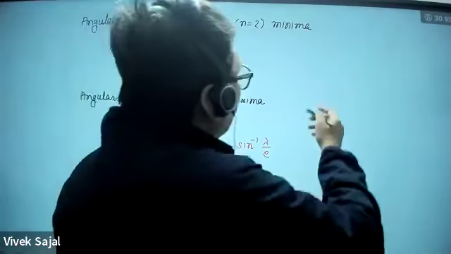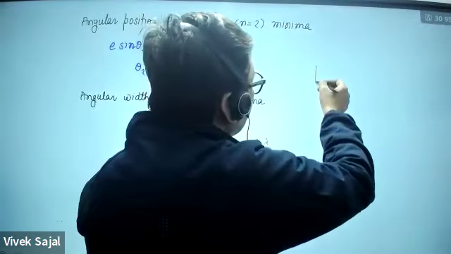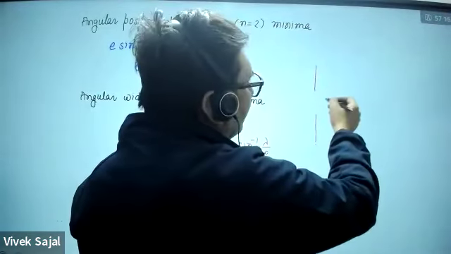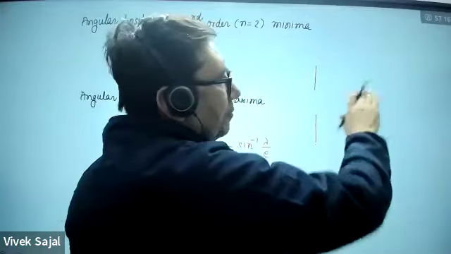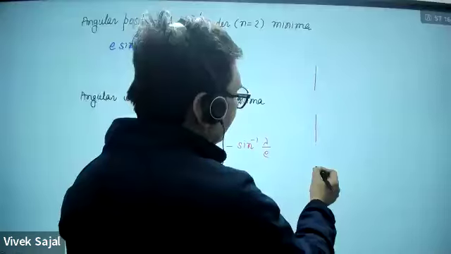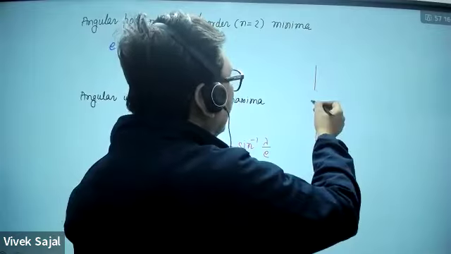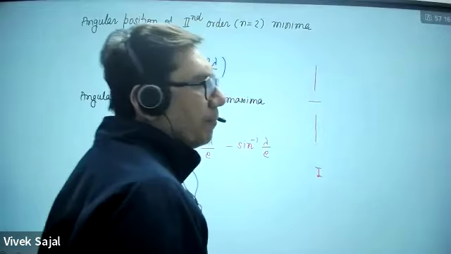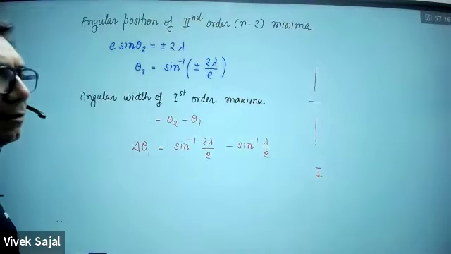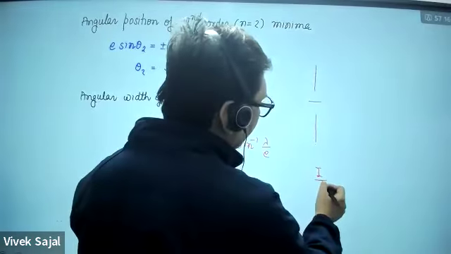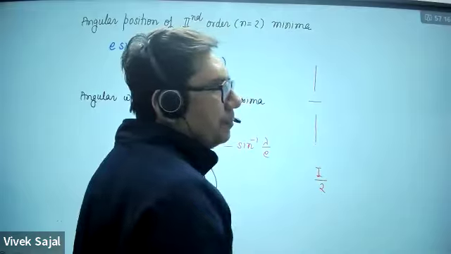Okay. So if you are having this slit, the intensity of the light that is coming from it is I. So if you make it half, what will happen to its intensity? Its intensity will become I by 2.